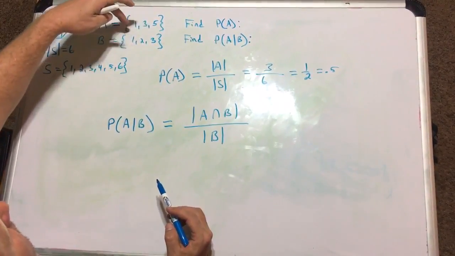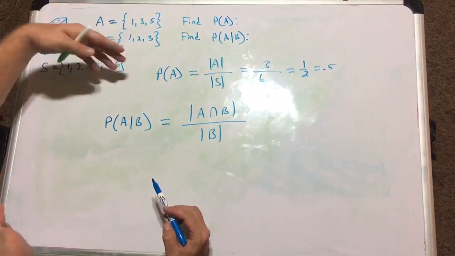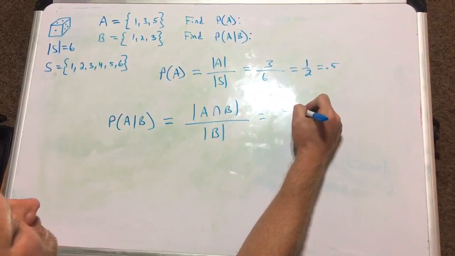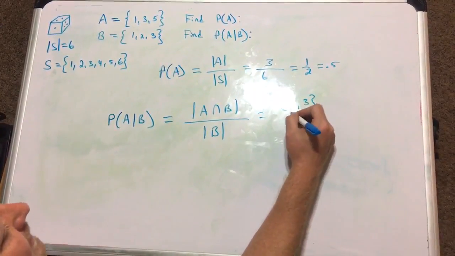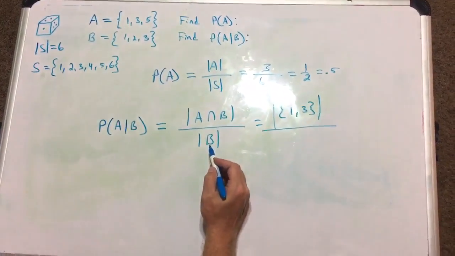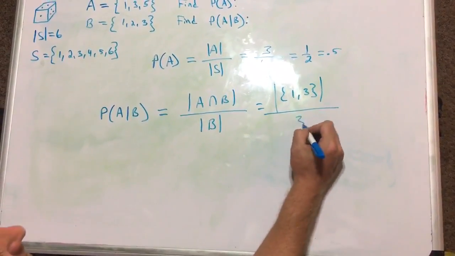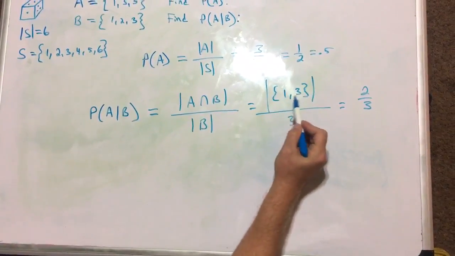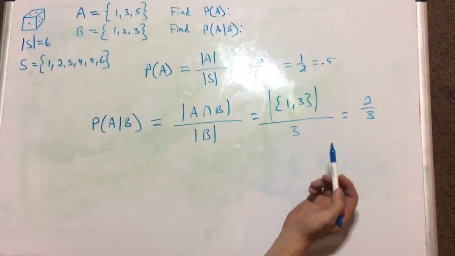So 1 and 3 are both intersections. So you actually have a set of 1, 3, and the cardinality of that is 2, divided by the cardinality of B, which was 3, which is equal to 2/3.